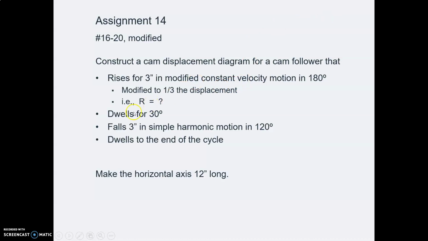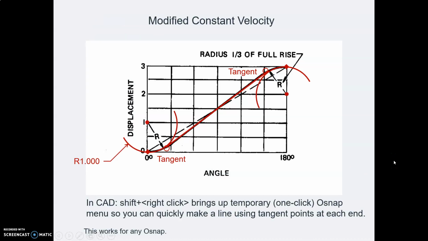Don't worry. So it's going to rise for 180 degrees, then it will dwell for 30 degrees, then it will fall for 120 degrees in simple harmonic motion. That means one of those half circles, and then it will dwell from there to the end of the cycle. And we're going to make our displacement diagram 12 inches long.